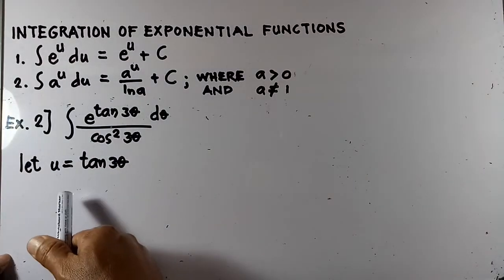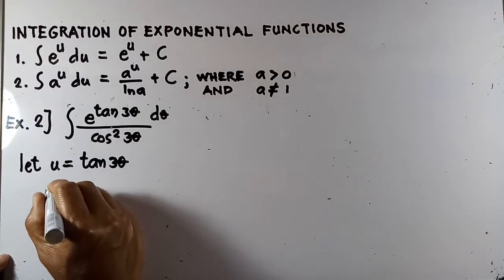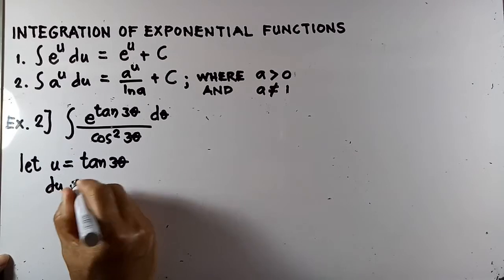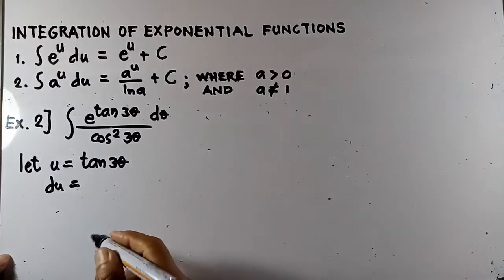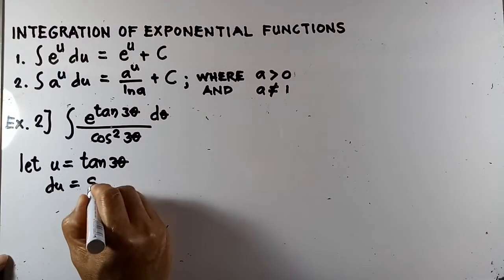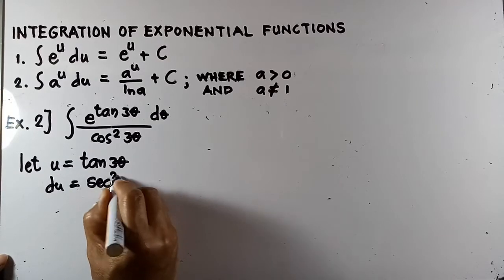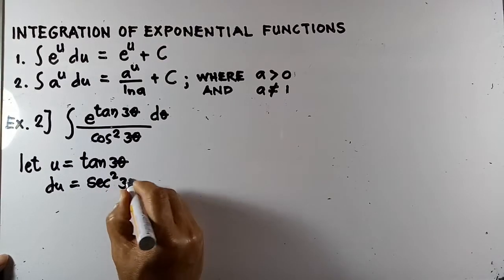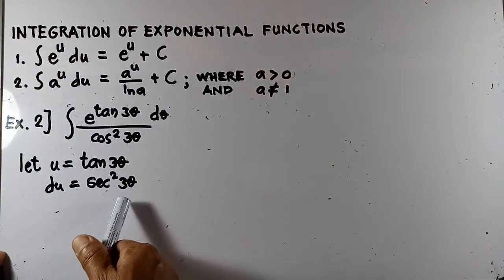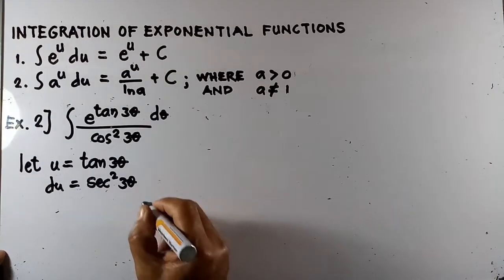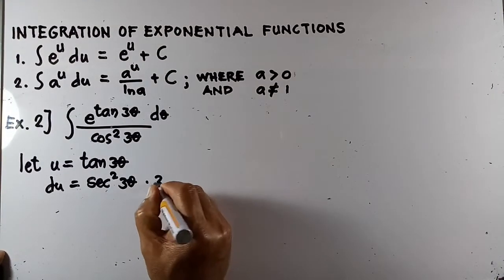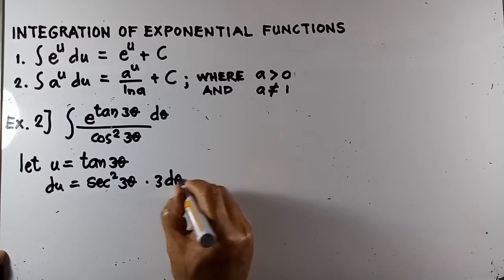Kaya ngayon, kukuha tayo ng derivative. du, derivative of tangent is secant squared of 3 theta, and then times the derivative of 3 theta, 3 d theta.